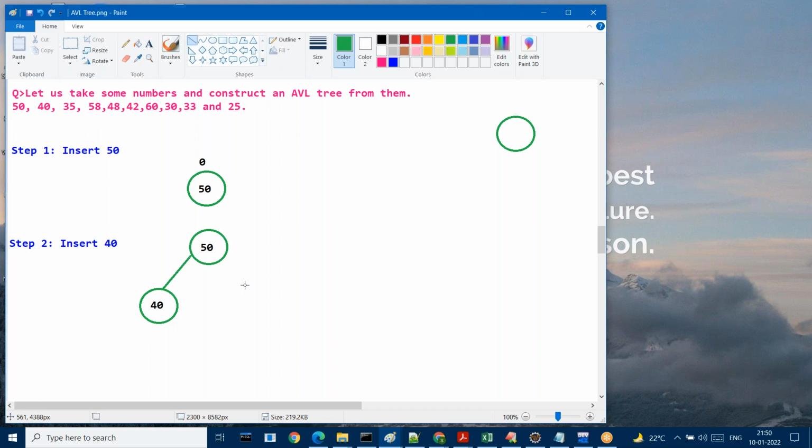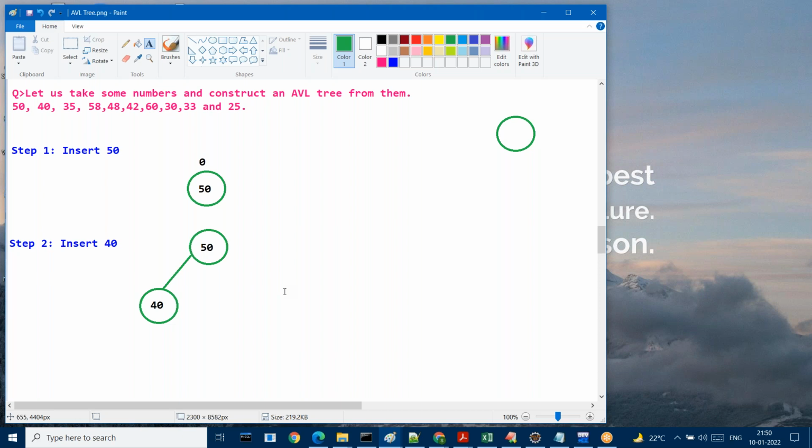Great. Is your tree balanced? Listen first. Don't say yes or no. First listen. Is your tree balanced? Whenever I ask, you have to calculate the balance factor. But the question is, sir, from where will I start calculating the balance factor? Always remember, balance factor calculation will start from the newly inserted node to the root node. And if I find any node lost, I will stop.